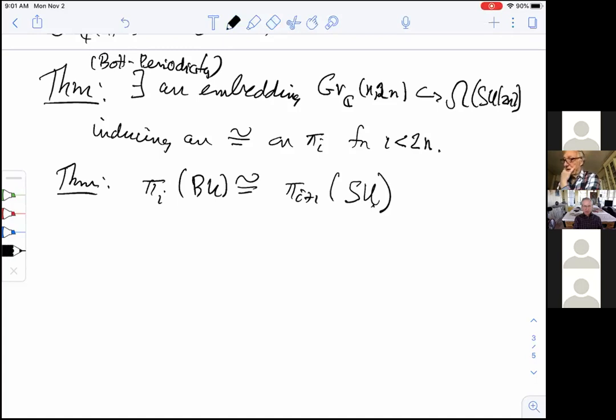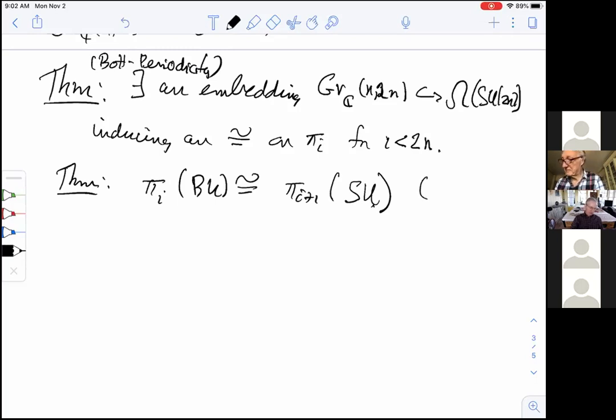If you replace the finite objects by the infinite ones, this map is an isomorphism on homotopy groups up to dimension 2n. These inclusions give you isomorphisms of these homotopy groups.